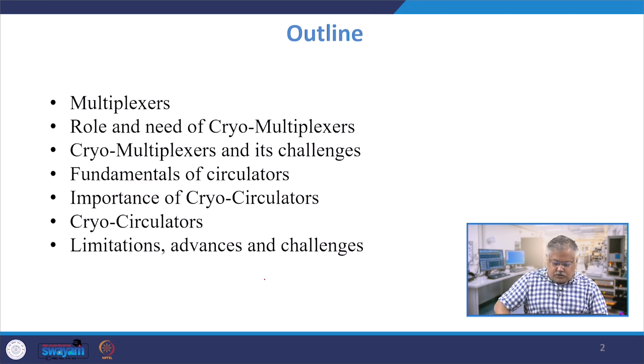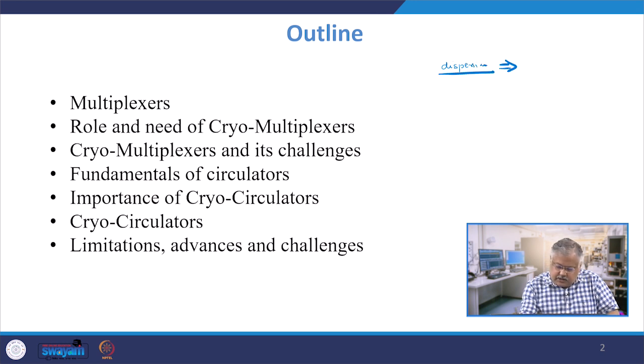Now, if you look at the superconducting qubit, there are two types of qubits which are available commercially or otherwise. Superconducting qubit is one of them. Typically superconducting qubits are addressed by dispersion, and these dispersions are coupled to a resonator.